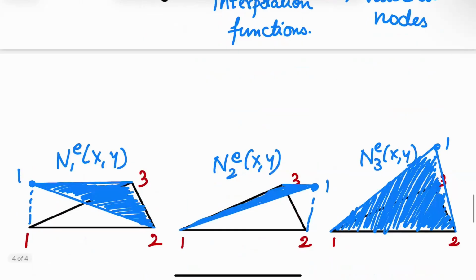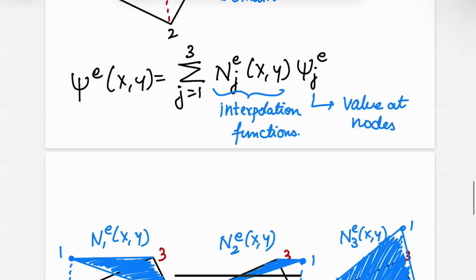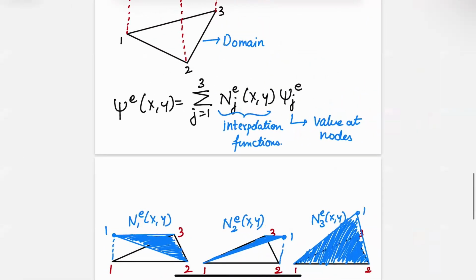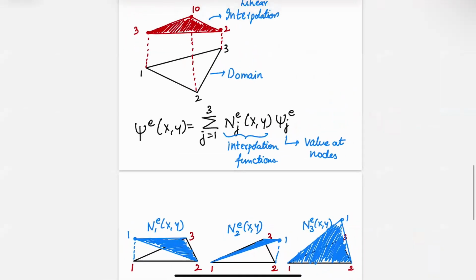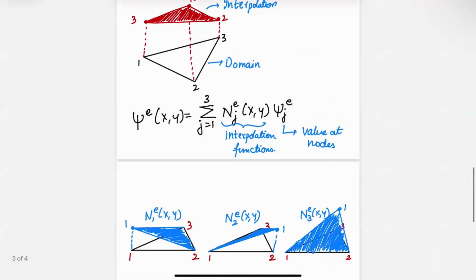Okay, so what we're doing in this equation here, so let me zoom out a little bit, is that we take these 3 interpolation functions, which are nothing but these triangles, right? This one, and this one. And we scale them up by the value of the node, right?